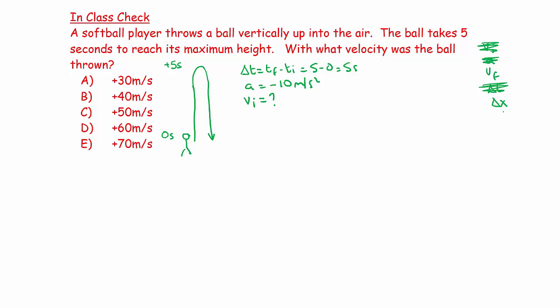So then that means somehow we have to get delta X, which is my displacement, I don't know it, or VF. VF, of course I know VF. It stops going upwards before it starts going downwards.